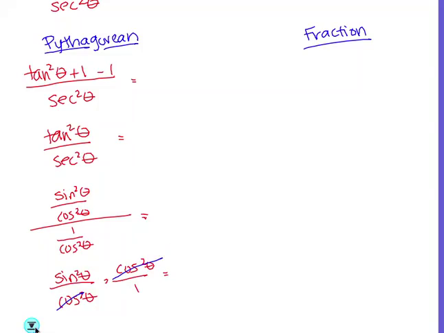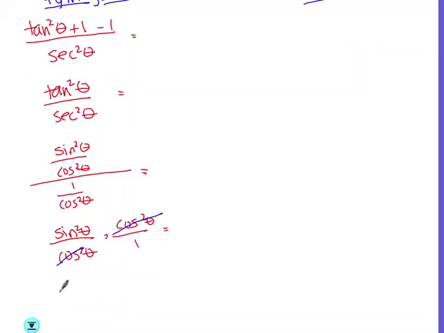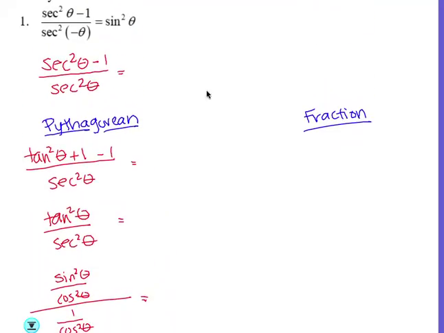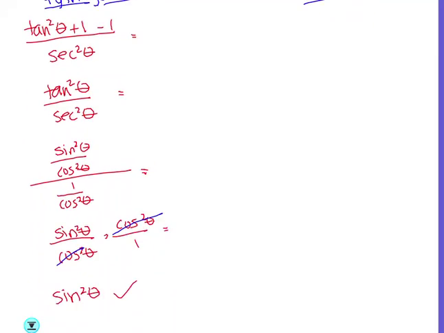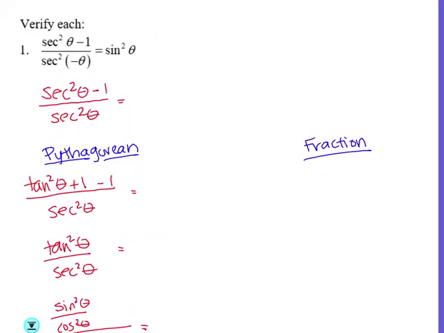The cosine squared thetas cancel out, and I just have sine squared of theta, which is what I wanted this to equal. The nice thing about verifying trig identities is you know what your goal is. You know when to stop simplifying, because it tells you what it's supposed to equal.